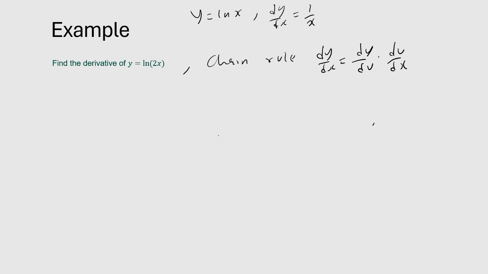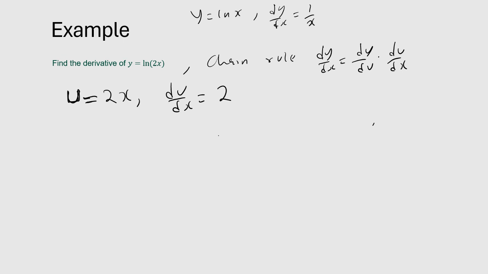So we have to find our u. Here we see our inner function 2x is u. Then we find du over dx. And remember, this is just a constant times x to the power 1, so it will just be the constant 2.